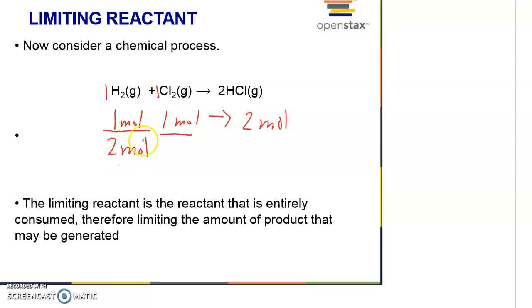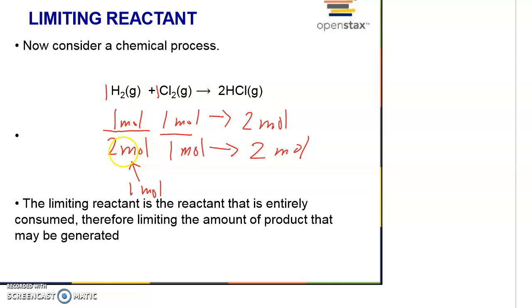So you still will only get 2 moles of hydrochloric acid, and then you have 1 mole of hydrogen left, because there's no more chlorine to react with this excess hydrogen.